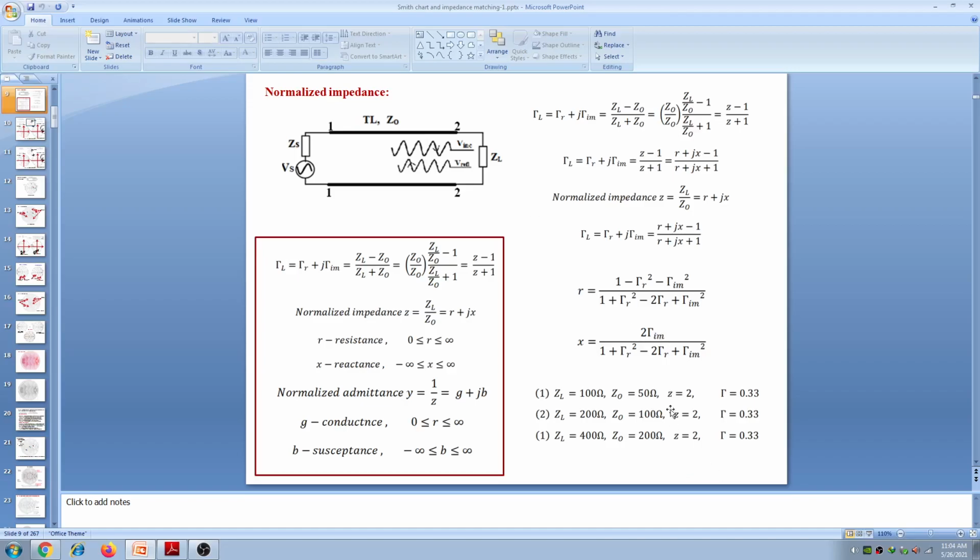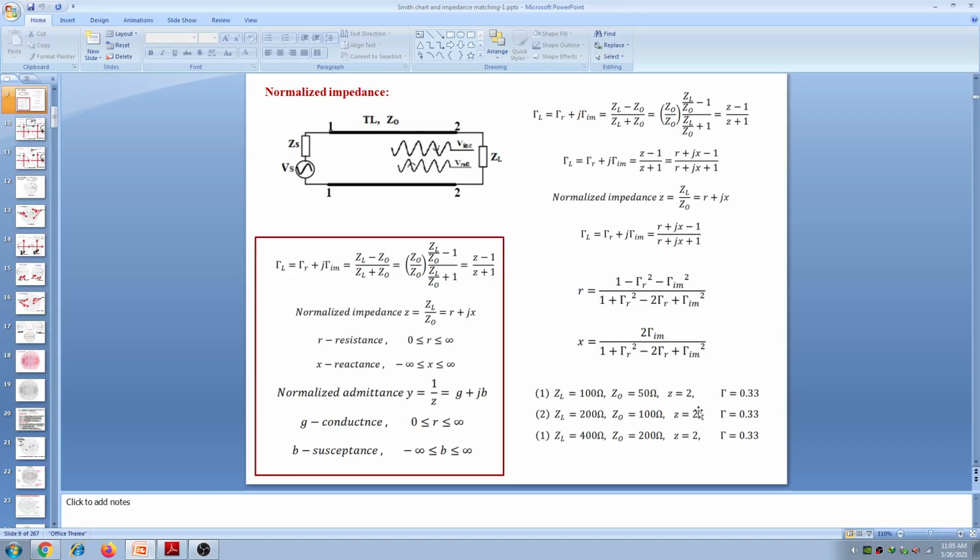So we can now consider the normalized impedance. If you know the normalized impedance, we can get the reflection coefficient, because the reflection coefficient depends on the normalized impedance instead of the actual values of ZL and Z0. So in most of our problems, we will consider the normalized impedance.